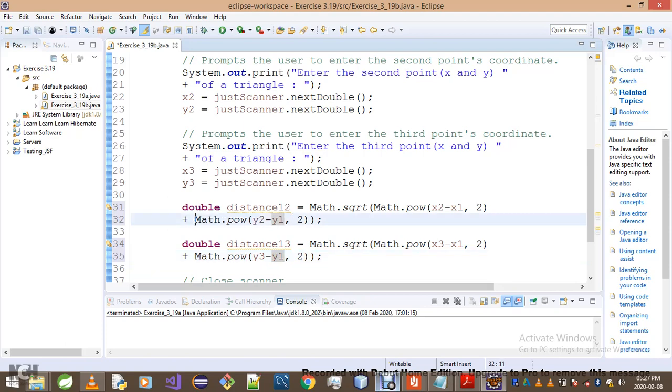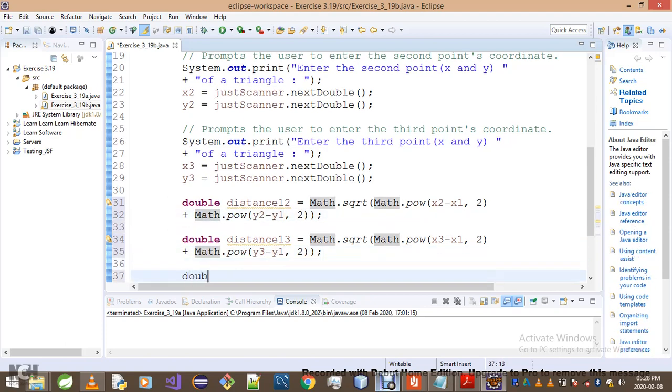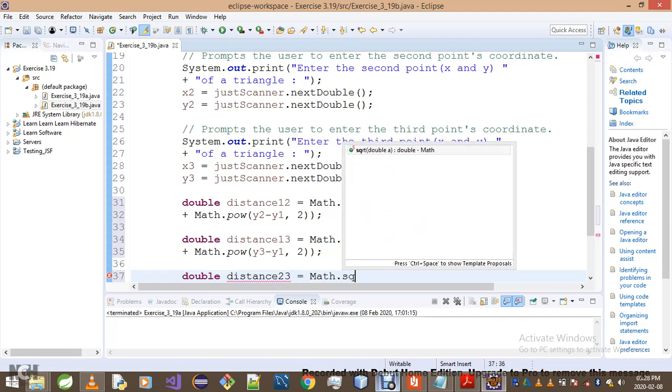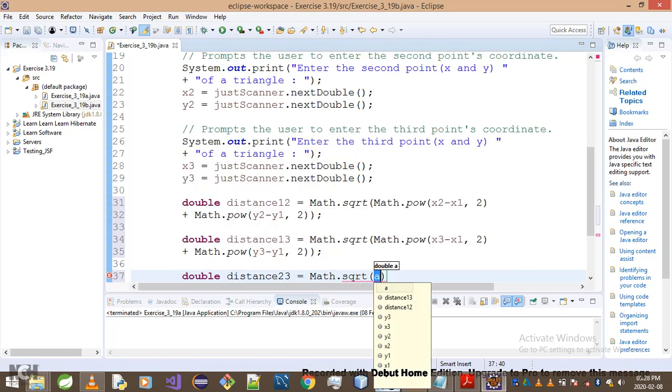Lastly we do one and the same thing for the distance between point number 2 and point number 3. Square root of, and we can of course do this another way, it is totally up to us.